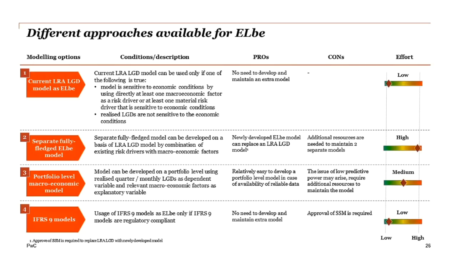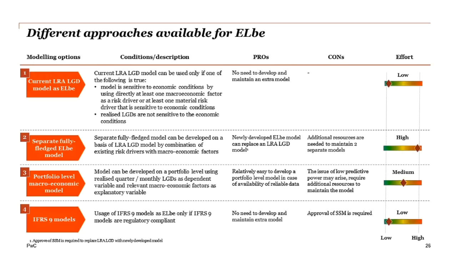And point 2 is related to the fact that realized LGDs are not sensitive to the economic conditions at all. A benefit of this approach is that there is no need to develop and maintain an extra model, and as a result, the effort is low.